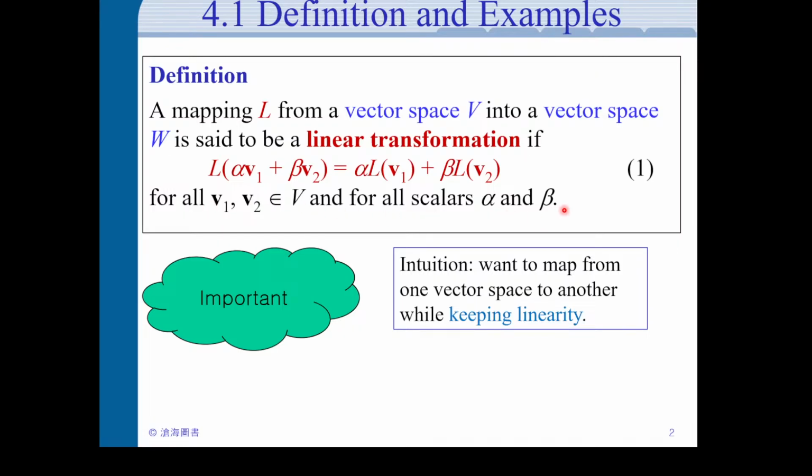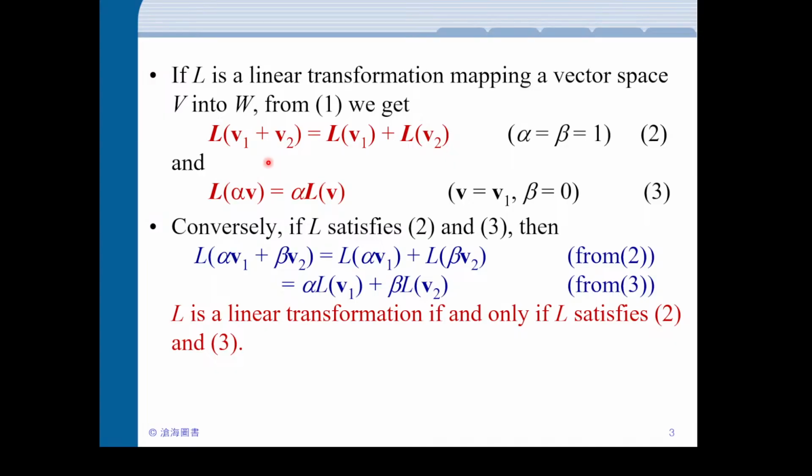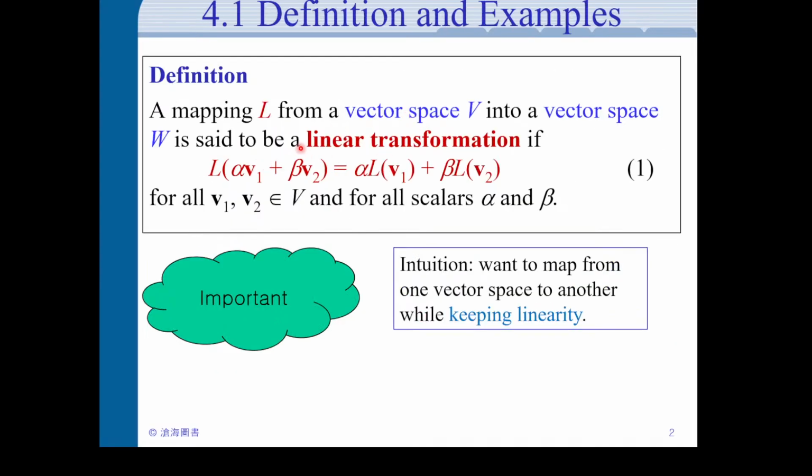We want this mapping to keep the linearity of the vectors you are mapping. Also, a bit of a spoiler, we'll see in 4.2 that any such mapping you can represent as matrices.